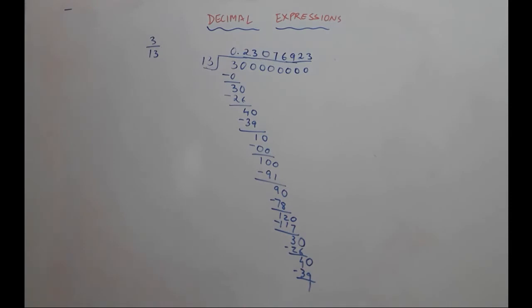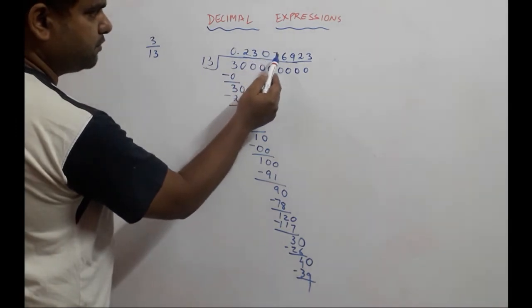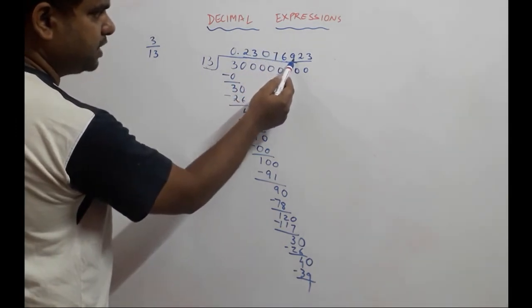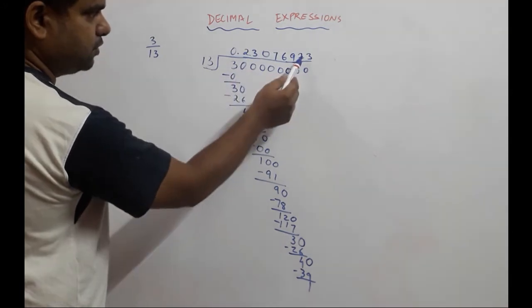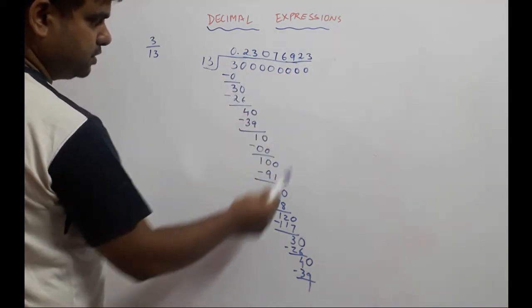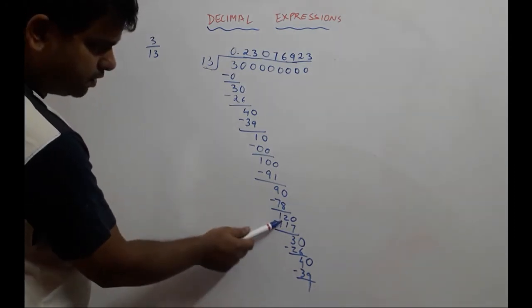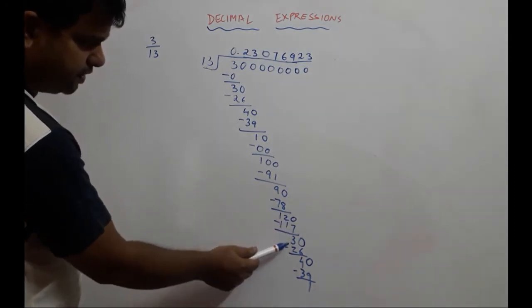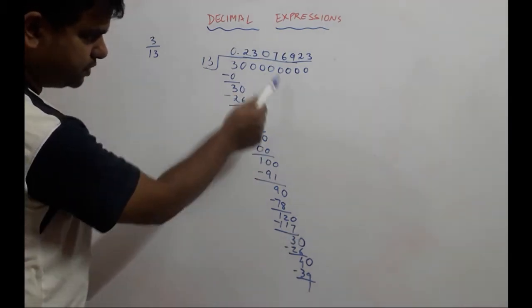Now, do you see a pattern that has emerged? Have a look. 0.230769, and then it goes back to 2 3 over here. Look at where this happens. We have 120 minus 117 gives us just 3, and then we put a 0 down.